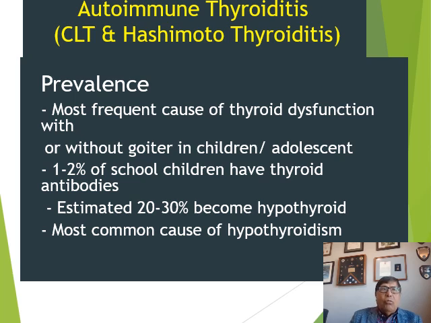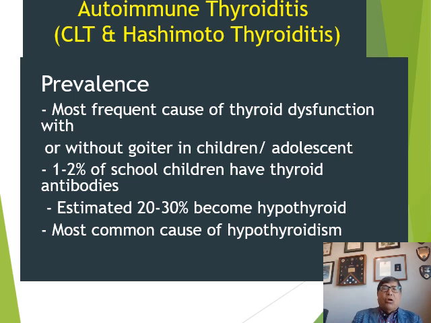Now, if you want to start looking at the prevalence of thyroid antibodies in school children at random, then one would find about 1 to 2% of the school children have thyroid antibodies positive for autoimmune thyroiditis. In our own series in Michigan, we found about 3% had positive thyroid antibodies.